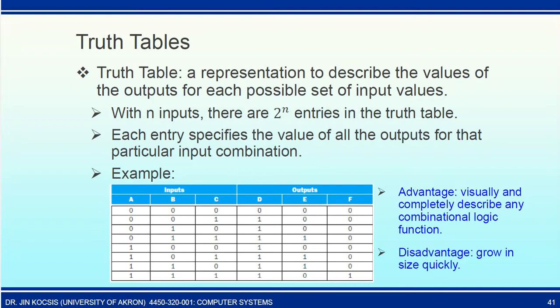The dimension of the truth table increases exponentially as the complexity of the circuit increases, because with n inputs, you will have 2^n entries. It will increase exponentially. So basically this method is good and straightforward, but it's not that practical for big systems.